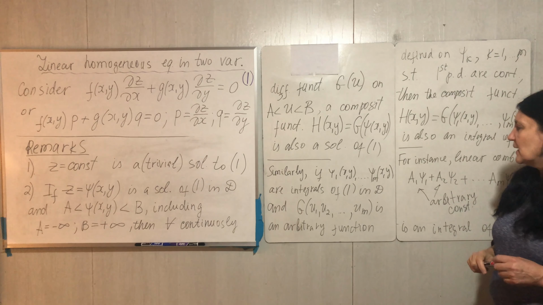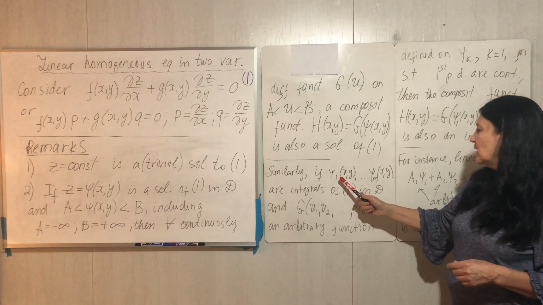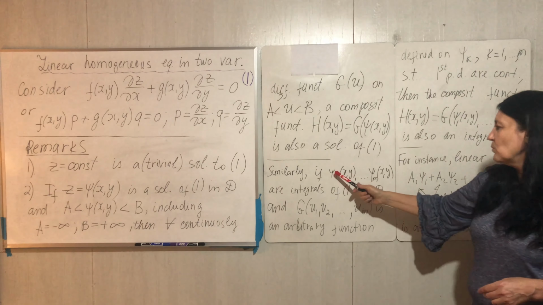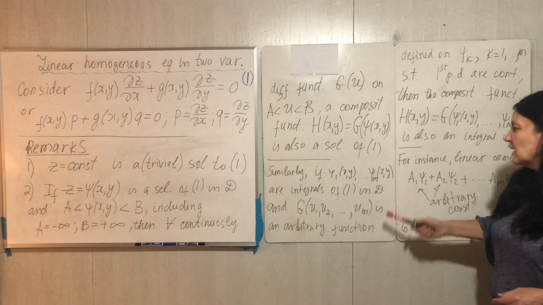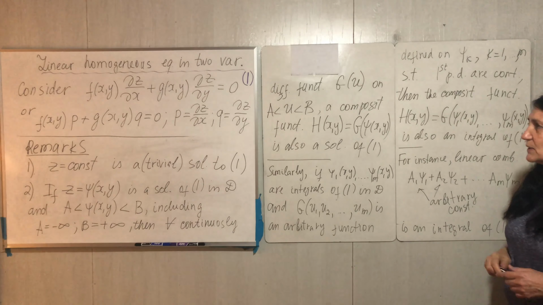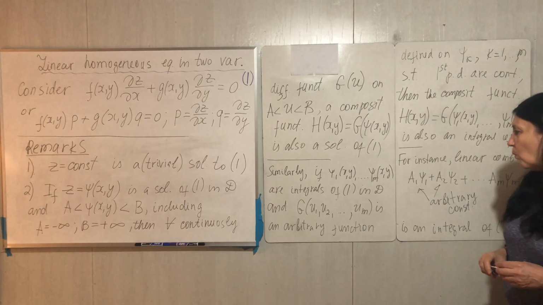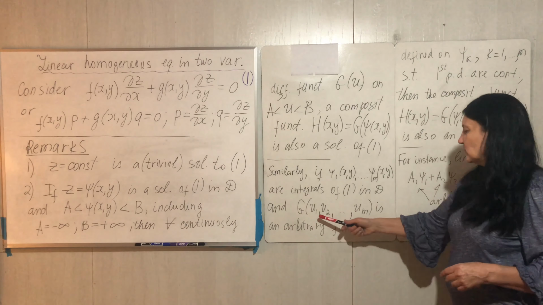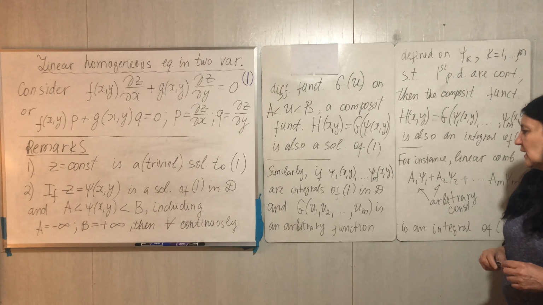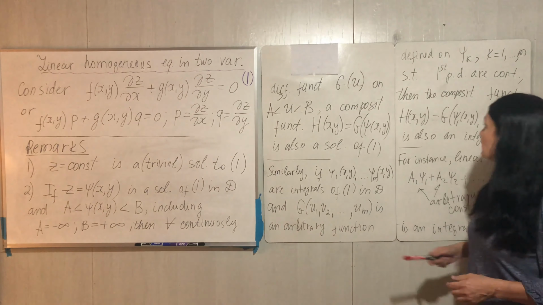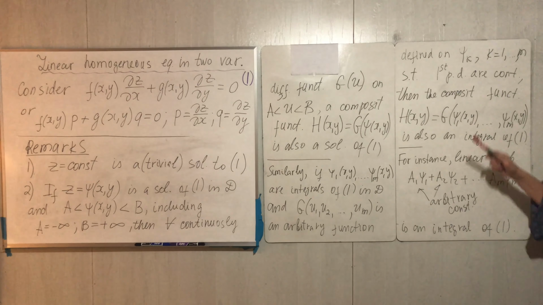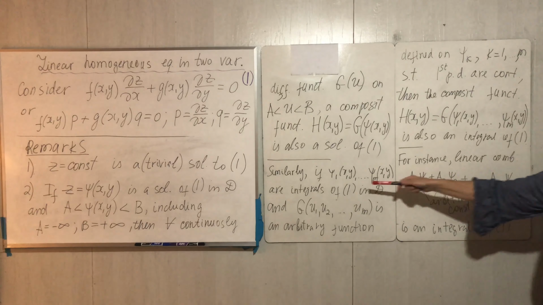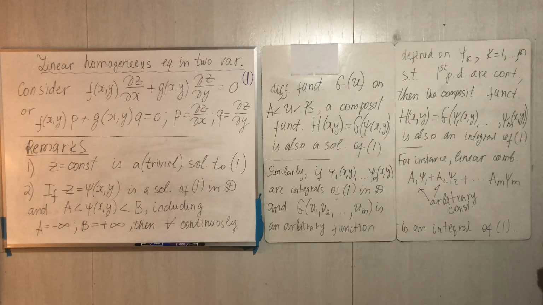And similarly, we can say that if we have a bunch of functions psi1, psi2, psi_m, they all are solutions or integrals of our equation 1 in the domain D, and consider a function g that depends on m variables, and this is also an arbitrary function defined on our psi k from 1 to m, and it is such a function that the first partial derivatives of this function are continuous.